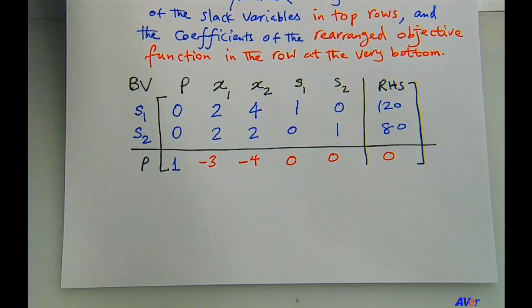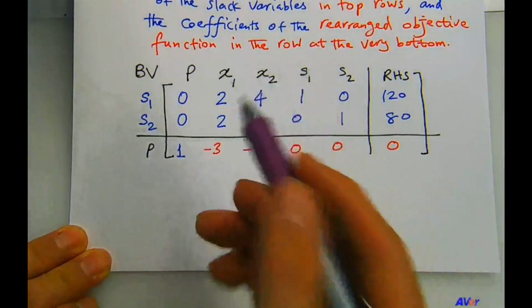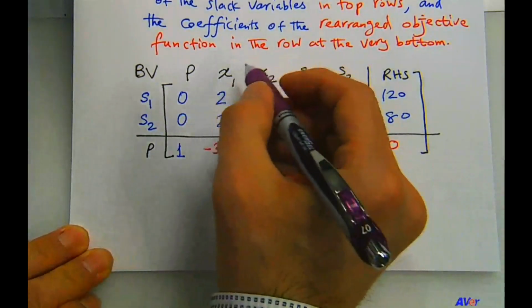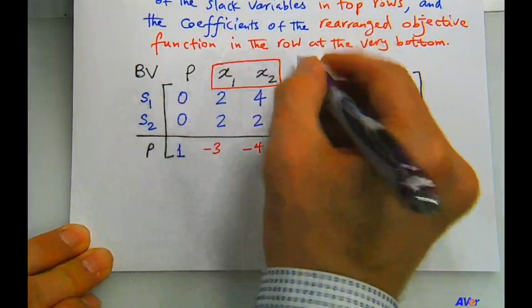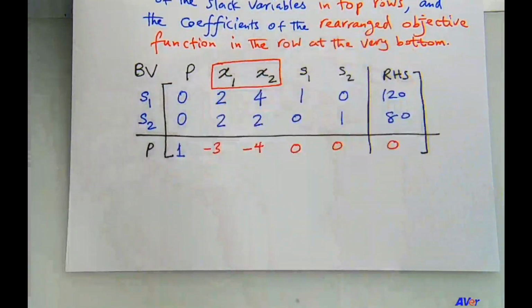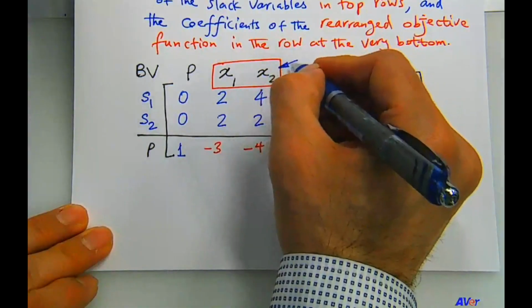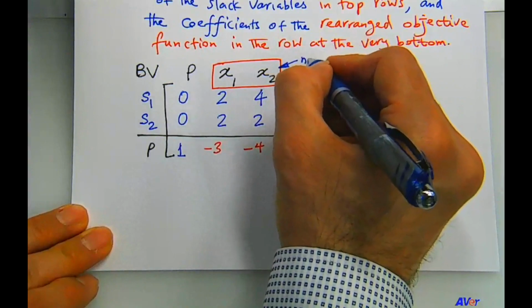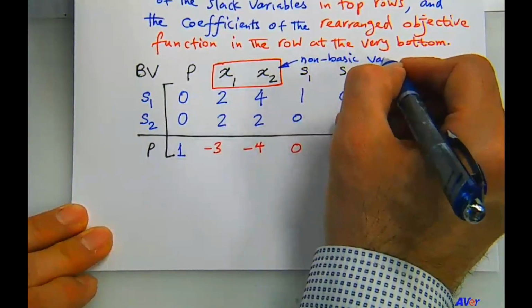I want to make sure that those of you who read the book understand what the book talks about. So these are called the non-basic variables. These are the original actual variables.